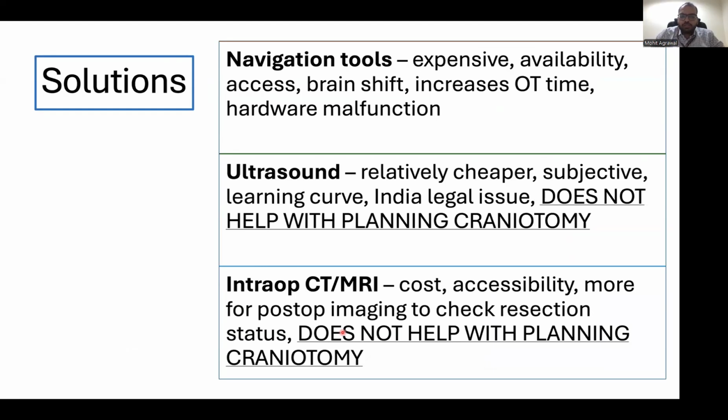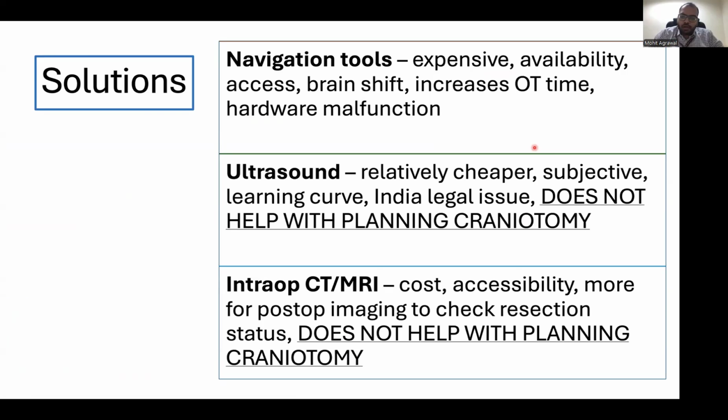So what are the solutions that we have come up with? We have come up with navigation tools, which are again expensive. They are not easily available to everyone, and they increase the OR time and put you at risk of hardware malfunction. If the hardware malfunctions, you don't really have anything else to fall back to.